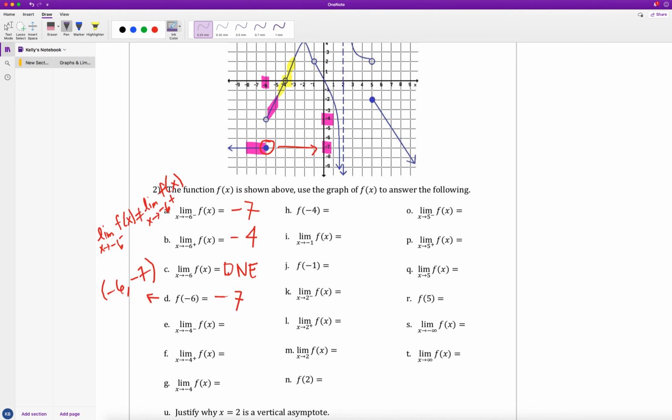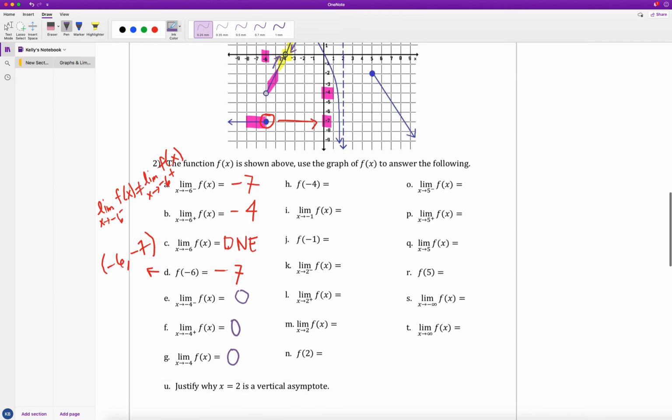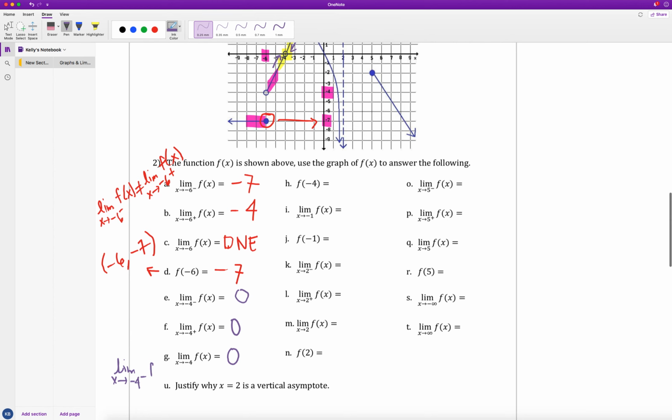So that means that my answers to both E and F are going to be 0, since both the left side as I approach in is 0 and the right side is going to 0. What that ultimately tells me is that the answer to G has to be 0, since the limit as x approaches negative 4 from the left-hand side equals the limit as x approaches negative 4 from the right-hand side of f of x.